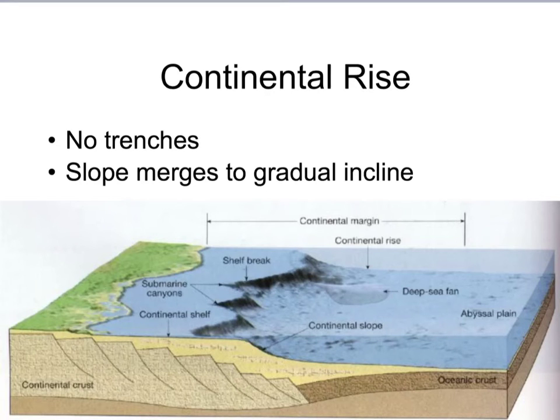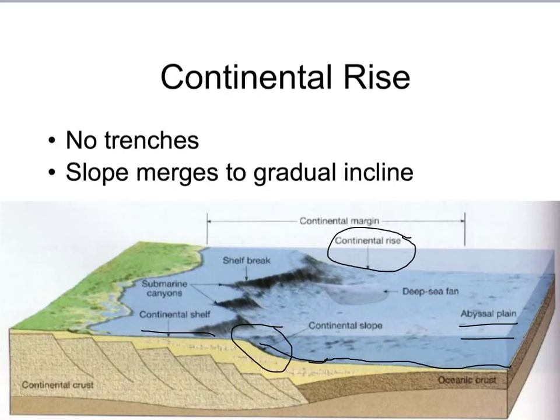So first comes the continental shelf, then the continental slope, and finally what is called the Continental Rise. There are no trenches at this location. It is simply an area where, after the main slope downwards occurs, the surface of the ocean begins to come mildly up and even out and lead into the Abyssal Plain.